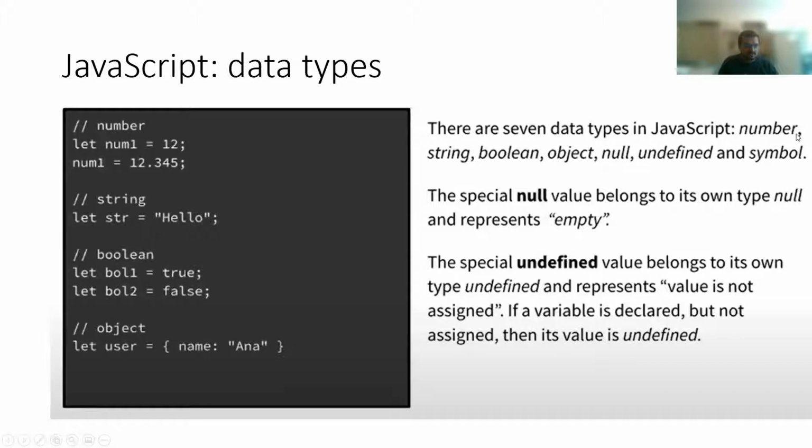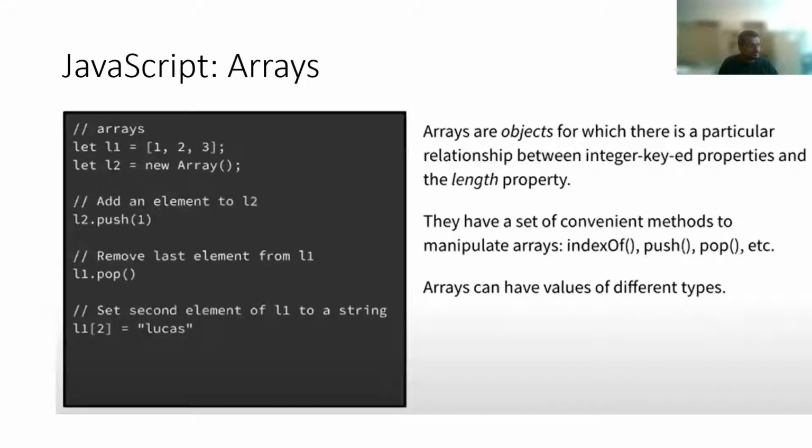C++ has all those things, but here we have only number that can be integers or floating points, right? So for example, it can be this or this. We have strings, we have boolean, true, false, and then we have objects. You can define objects. We have null, undefined. Those are not going to be used a lot for our case, so I'll just skip that.